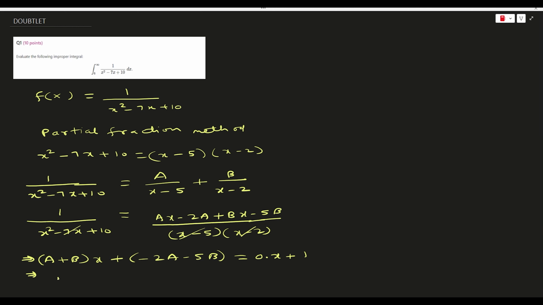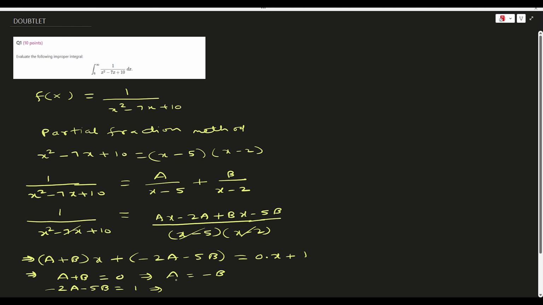The coefficient of x here is a plus b, and here it will be 0. So from here we can write that a is equal to minus b, and for the second equation it will be minus 2a minus 5b is equal to 1. If we put a is equal to minus b in this equation, it will become 2b minus 5b. So the b value will be minus 1 by 3 and the a value will be 1 by 3.